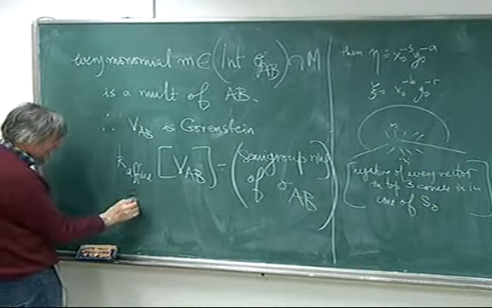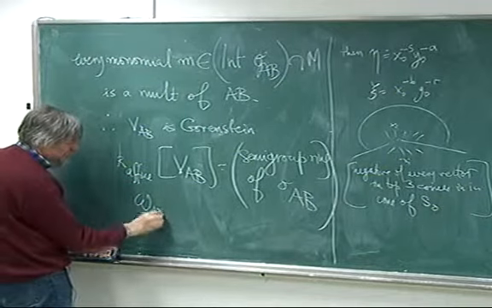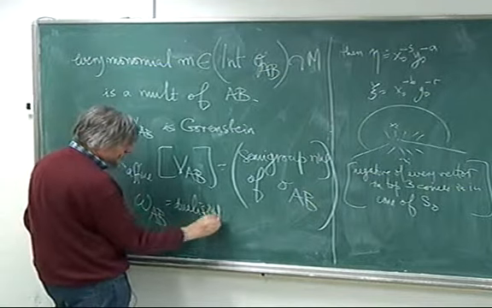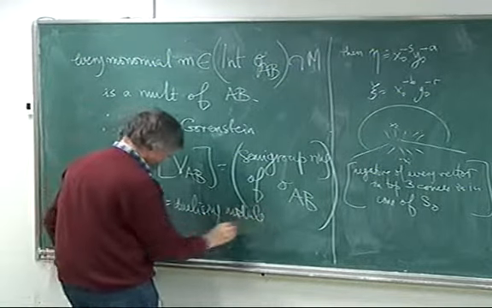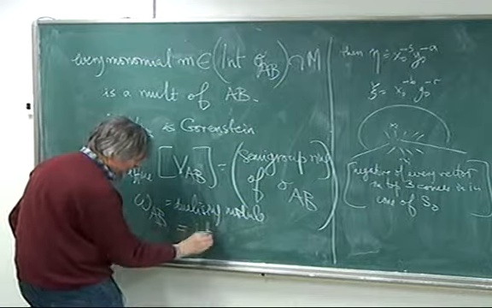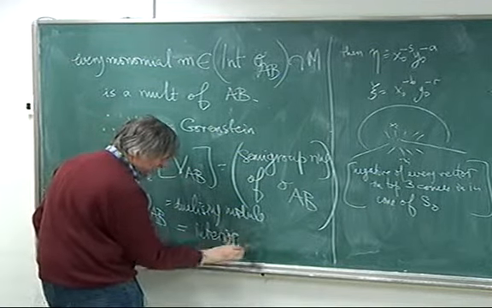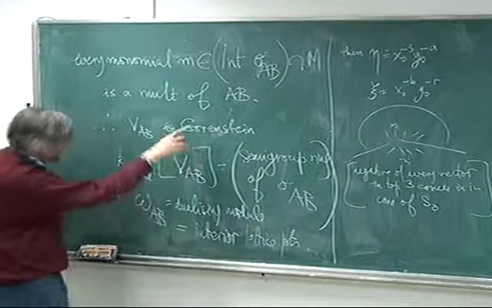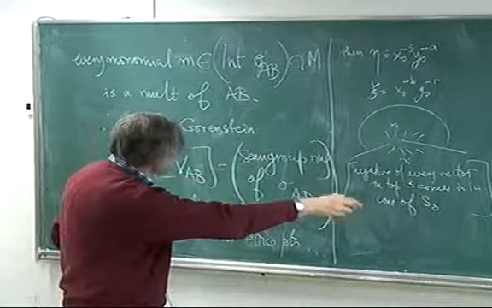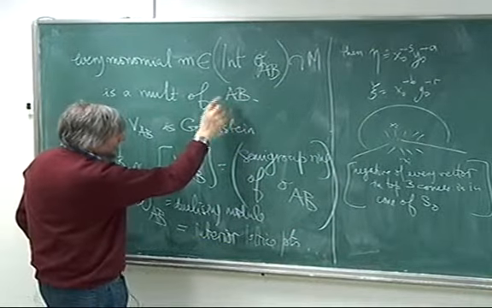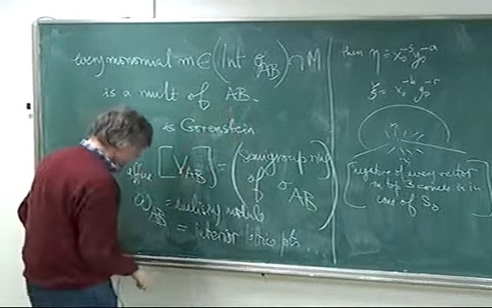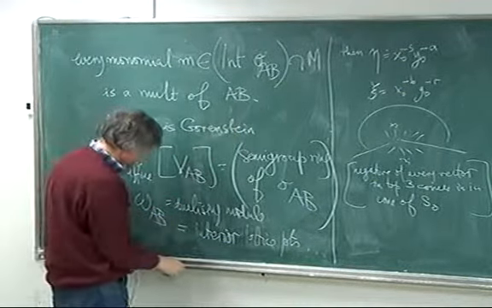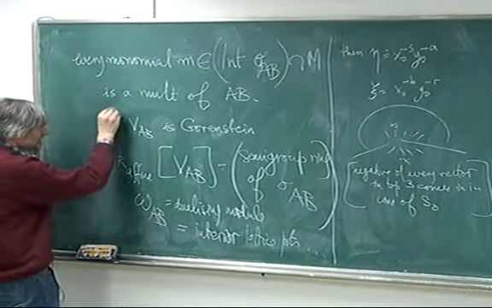And then the omega of AB, the dualizing module, is the interior lattice points. Right? But this very simple calculation I did says that any interior monomial is a multiple of AB. Therefore, omega AB is the free module generated by a single monomial AB. And therefore, V_AB is Gorenstein.